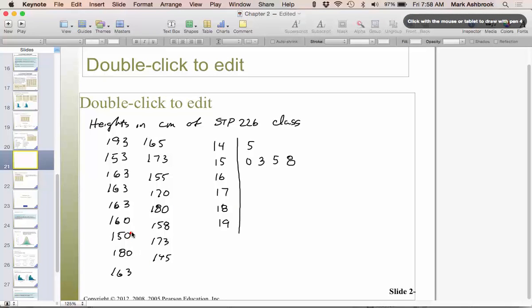So we got the 150, 155, 153, 145, 158. That's 5, right? Okay. Now the 160s. How many? So we got a 160, and then 1, 2, 3, 4 threes.